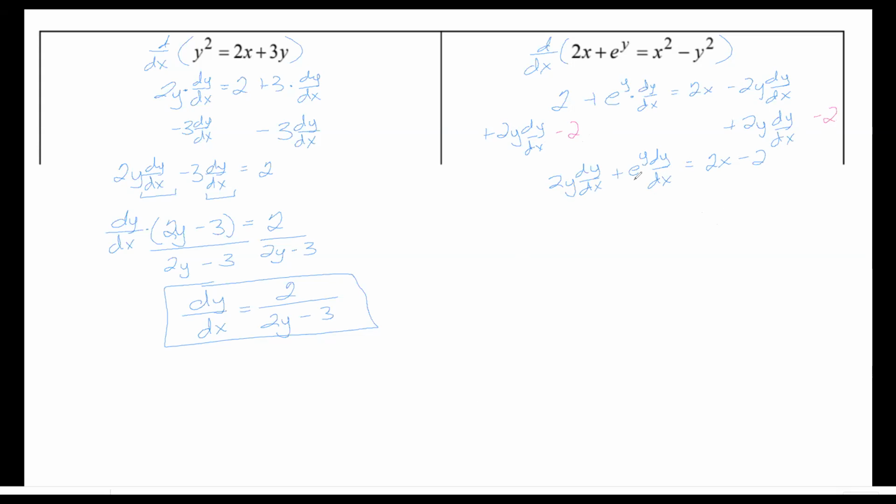I'm going to factor out my dy/dx's. And then I'm going to divide by 2y plus e to the y. So I end up with dy/dx equals 2x subtract 2 all over 2y plus e to the y.